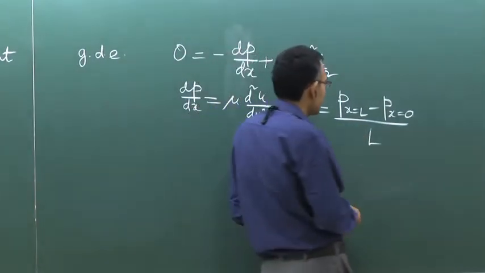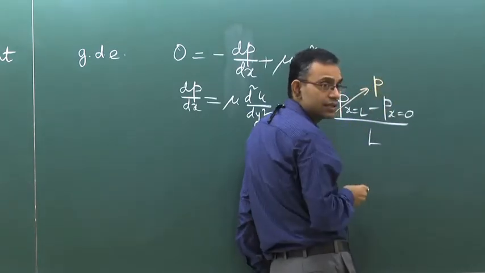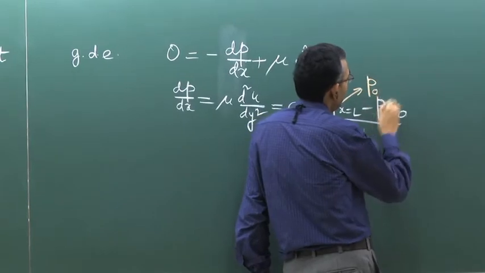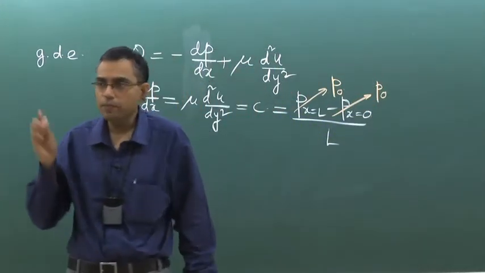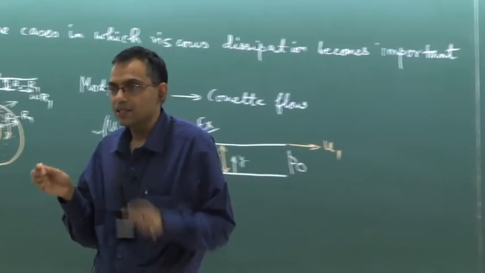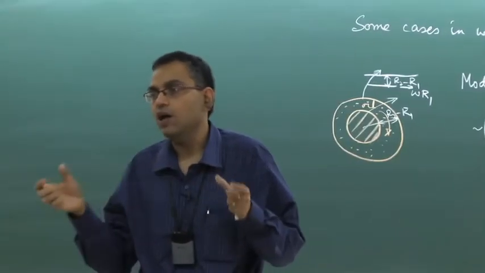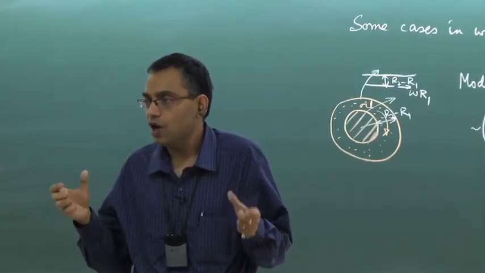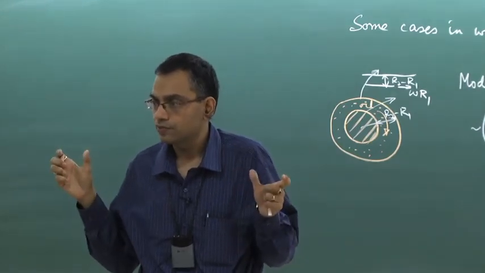So, what is this? This is P0 and this is also P0. This is called as simple Couette flow, but it is not necessary that you have a Couette flow where the pressures at the inlet and the outlet are always the same. If not, it is a combined Poiseuille and Couette flow.